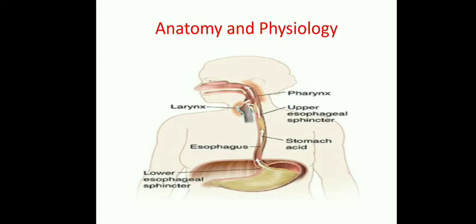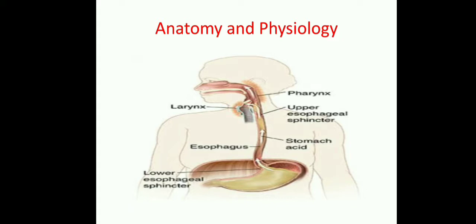Look at this picture. What is the esophagus? All of you studied this in first year anatomy and physiology. It is a muscular tube that connects the mouth up to your stomach.